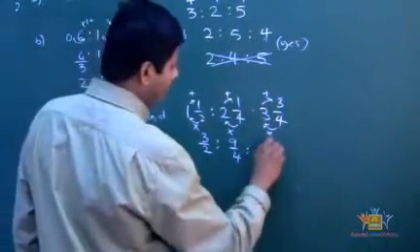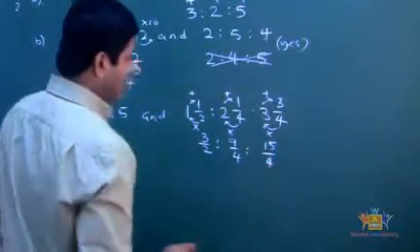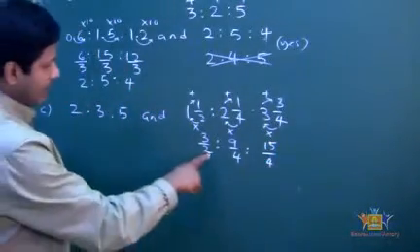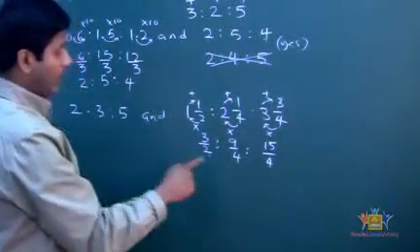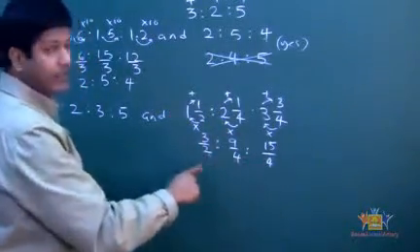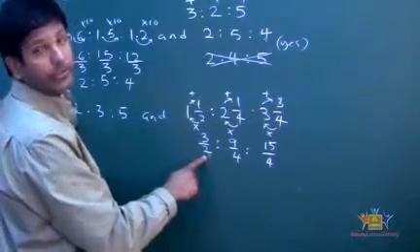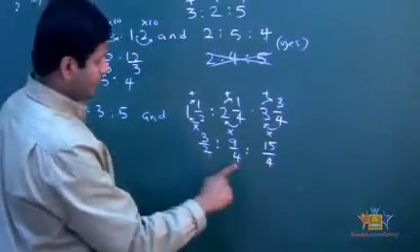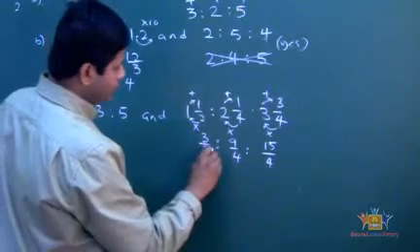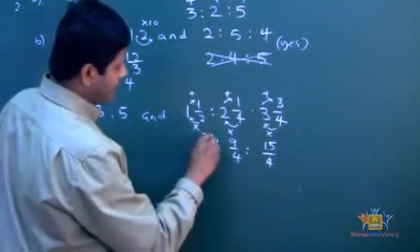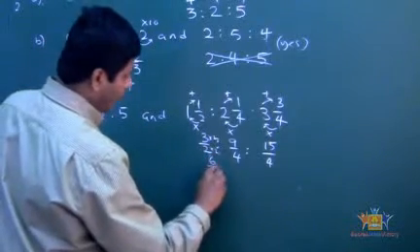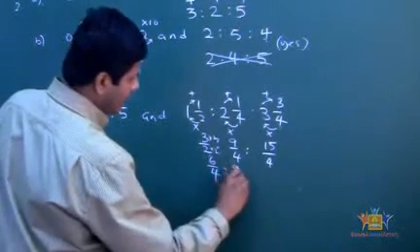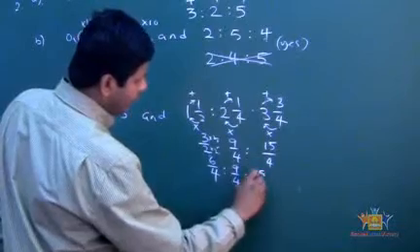So 15 over 4. Now the next step is you want to get the denominators the same, because you want a whole number. Find a common number I can multiply. In other words, convert this into a common denominator. So I'm going to multiply 2 in the denominator to make it 4. That means I also multiply the numerator by 2. So that makes it 6 over 4, 9 over 4, 15 over 4.